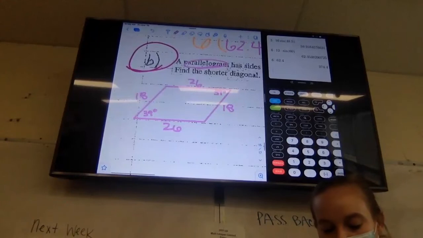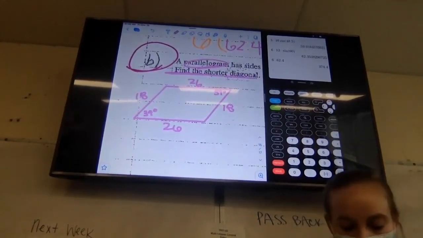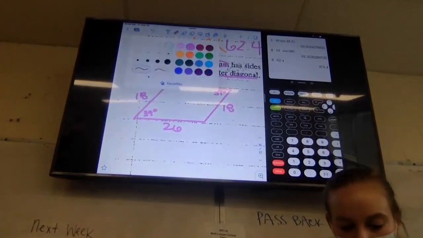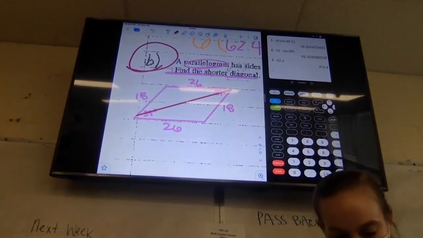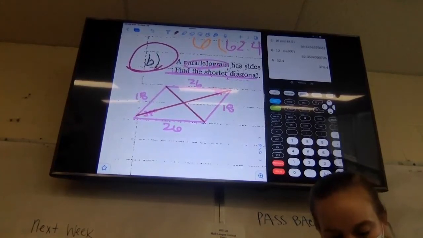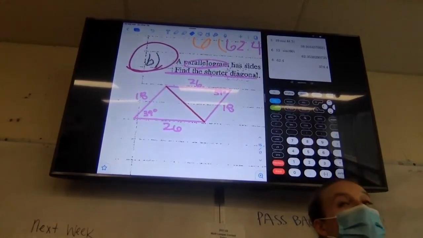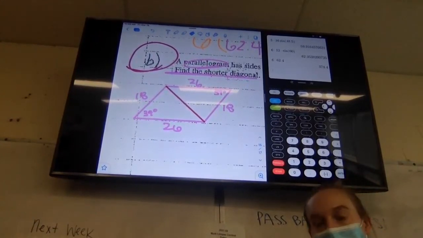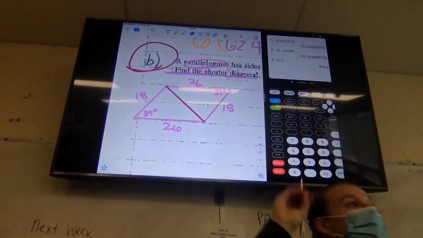And then it says find the shorter diagonal. So diagonal is where we draw a line across the center. Which one's going to be the shorter diagonal? Is it going to be this one right here? Or is it going to be this one right here? The second one. I don't really have a great reason for you besides the fact that the side across from the smaller angle is going to be smaller.